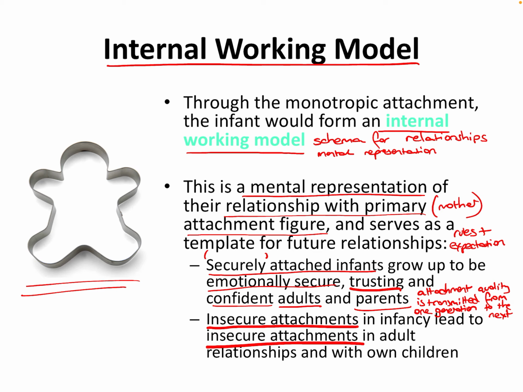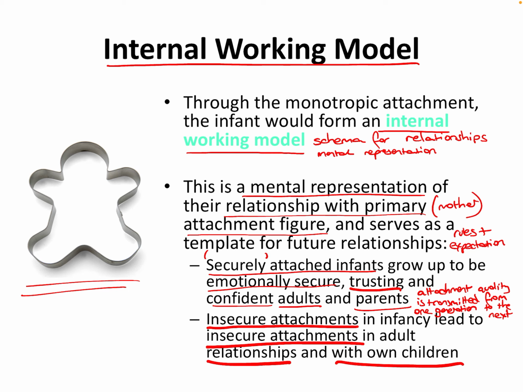They might find themselves being very, very independent and not seeking any positive feelings for being in relationships. They might be clingy and very jealous and very sort of unlucky in love. So insecurely attached infants will go on to be insecurely attached adults in childhood with adult relationships, and their children are also likely to form an insecure attachment. And we do see this happening over generations.